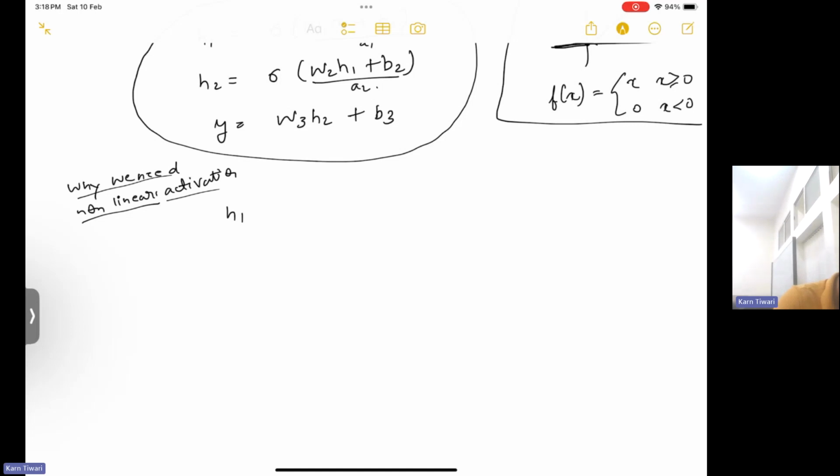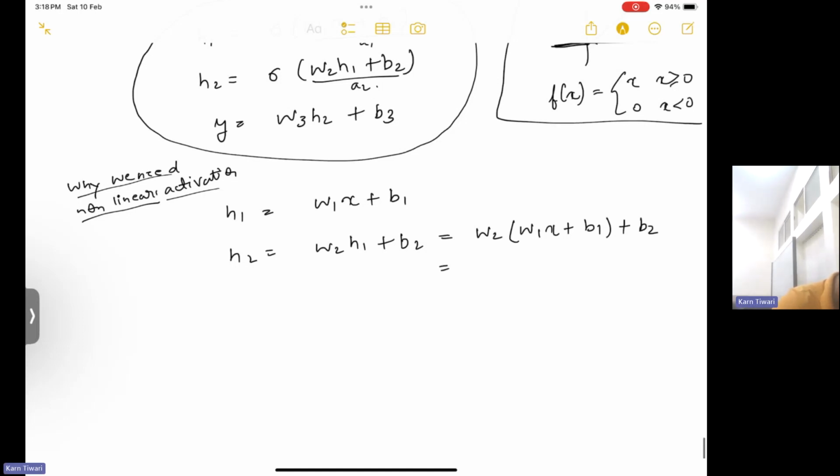If my H1 is just W1 X plus B1, and H2 will then be W2 H1 plus B2, which can be further simplified as W2 (W1 X plus B1) plus B2, which is again W2 W1 X plus W2 B1 plus B2.